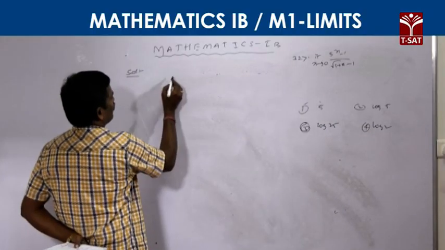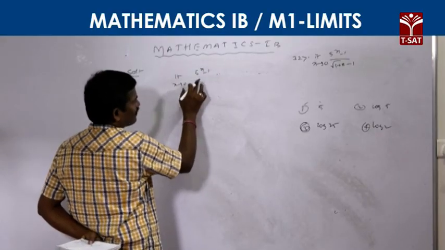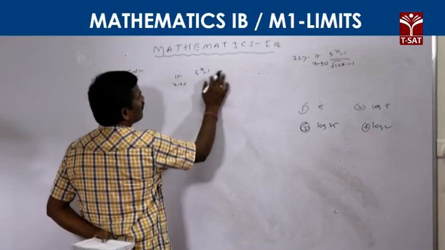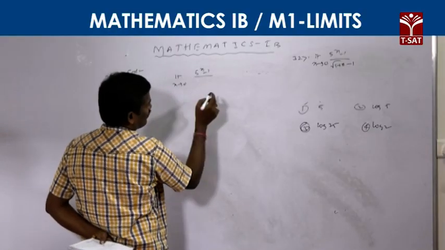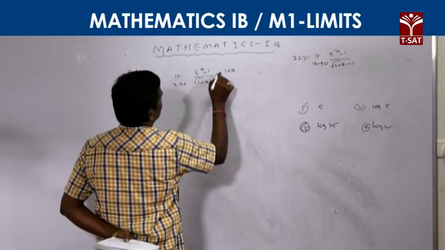Here also the limit as x tends to 0. We should get 5 power x minus 1 by x, which is one standard form. For that we need to rationalize the denominator, root of 1 plus x minus 1, by multiplying by root of 1 plus x plus 1.